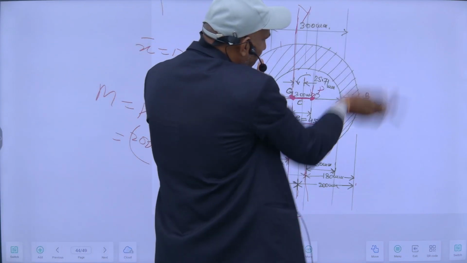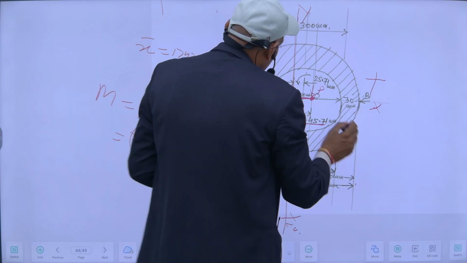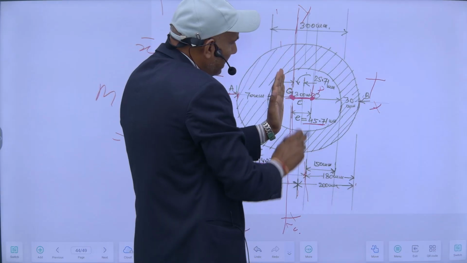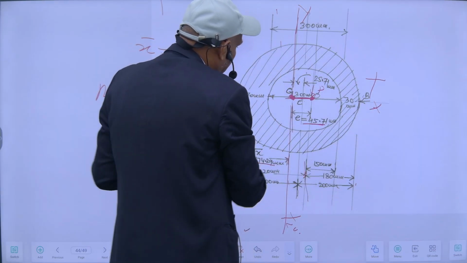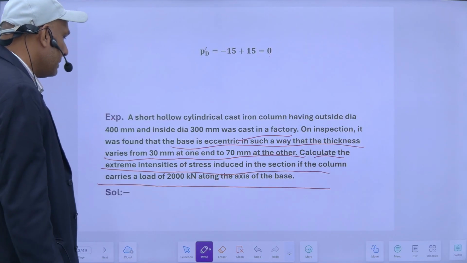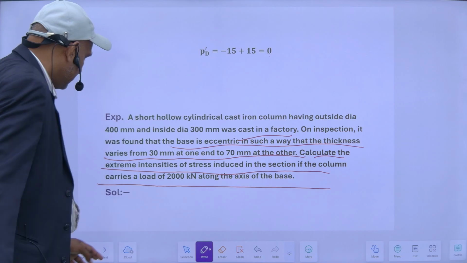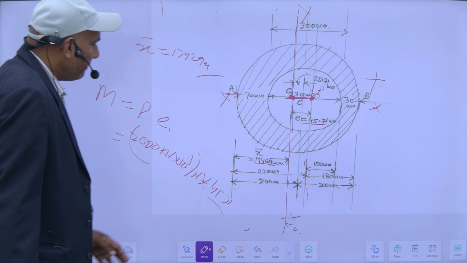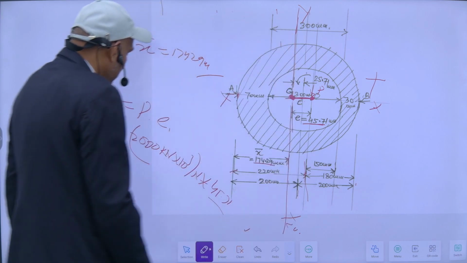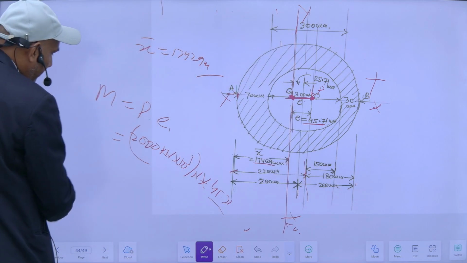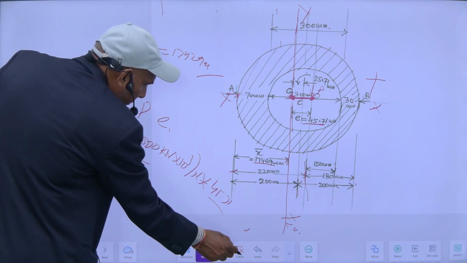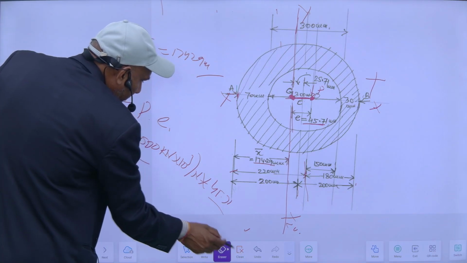So on this face it will create compression, on this face from this centroidal axis it will be compressive, it will be tensile here. So what I have to know, I have to find the maximum stresses, extreme intensity of stresses. For this I want to know the moment of inertia about this y axis. So Iyy is required to be found out.